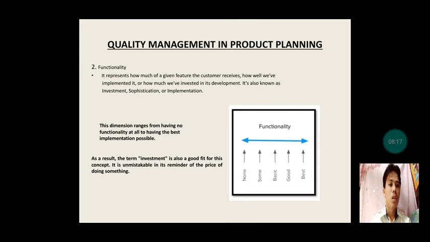This dimension ranges from none to best, which is the highest. So in functionality, together with customer satisfaction, we will provide some features, just like I said earlier, the basic, performance, and excitement features, such as the car.